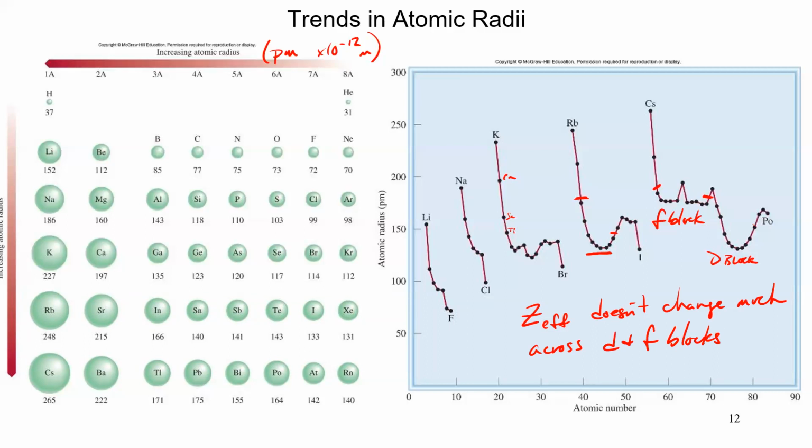The reason is, as we go from iron to copper, we're adding a proton, but we're also adding a core electron. Because we're adding a 3d electron and not a 4s electron, which is our valence, we're adding in a core electron and we're adding in a proton. And so Z goes up, but sigma also goes up, and they both go up by 1. And so Z effective is pretty constant across those D blocks and F blocks. Okay. So that's why we don't see much change in the atomic radius as we go across.